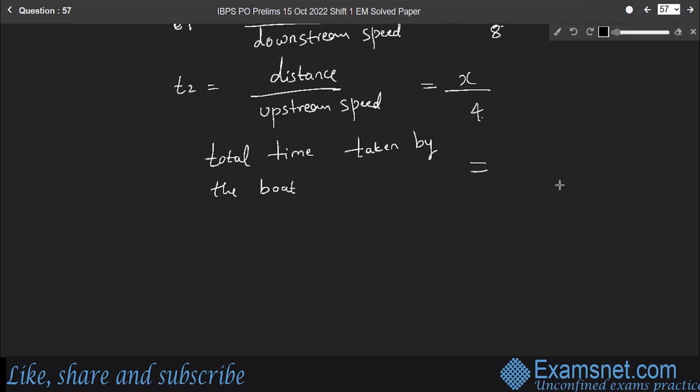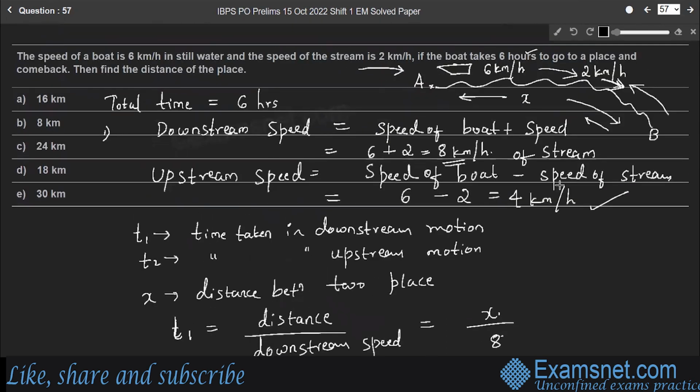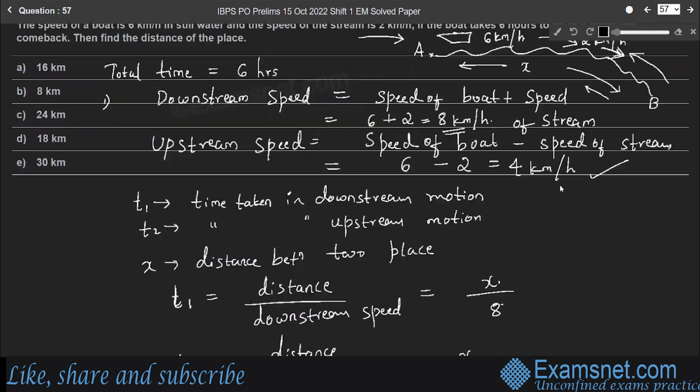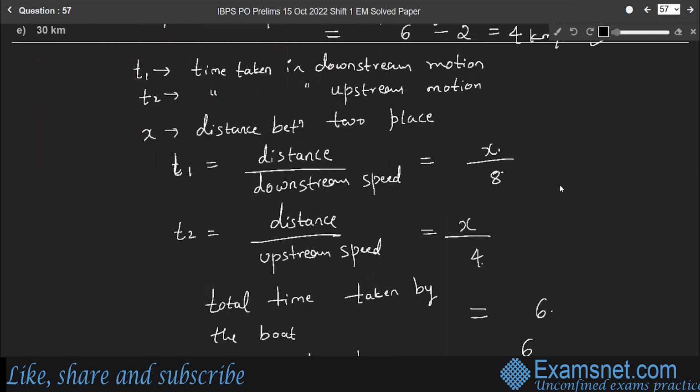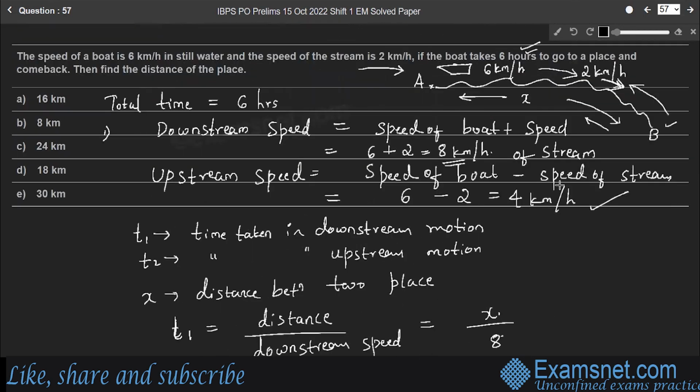It is given that 6 hours is the total time taken by the boat. So total time is T1 plus T2, which is equal to 6. T1 is the time taken by the boat to go to a place, and T2 is the time taken by the same boat to come back.